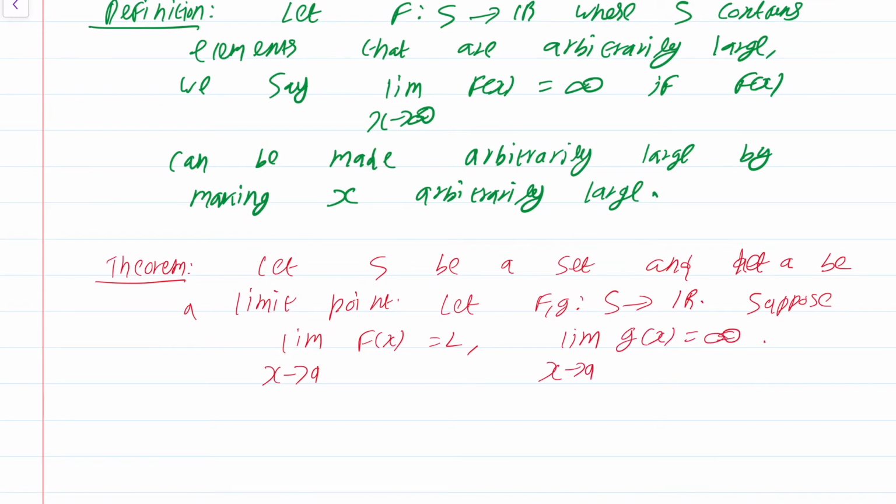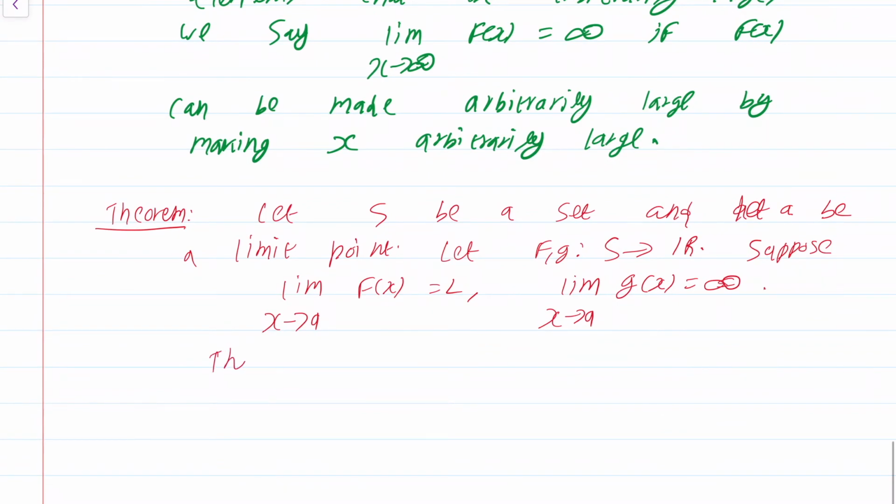Then limit x going to a of f of x g of x is also infinity. So if you have one limit going to infinity and the other limit going to a finite quantity, then the product limit goes to plus infinity.